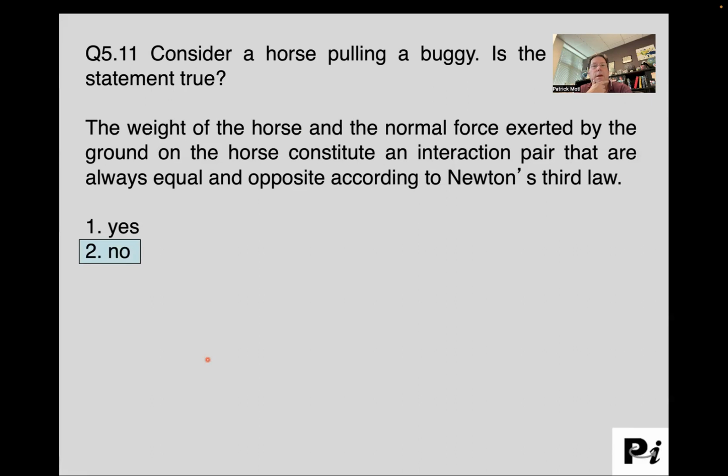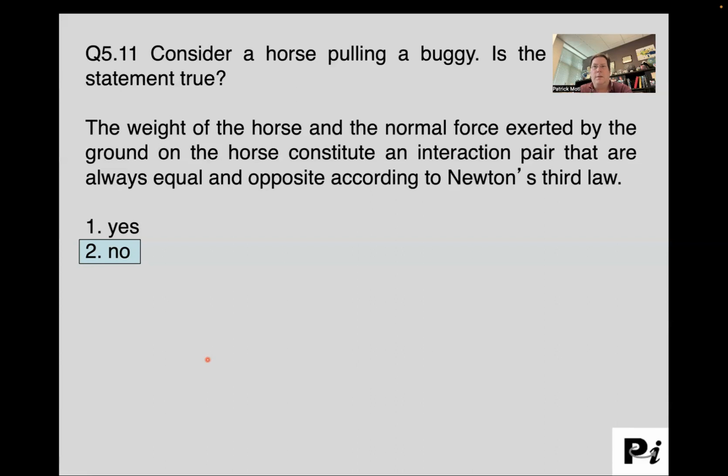They happen to be equal and opposite because of Newton's first law. The horse and the buggy is not accelerating up into the air or falling through the ground. I have equilibrium. So they're equal and opposite because of Newton's first law. They are not compelled to be equal and opposite in all situations by Newton's third law.